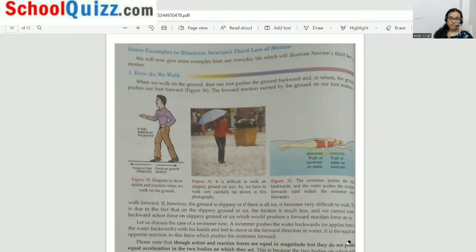Some more examples, like how do we walk? We exert this upward leg on the forward side and this leg in the backward side.